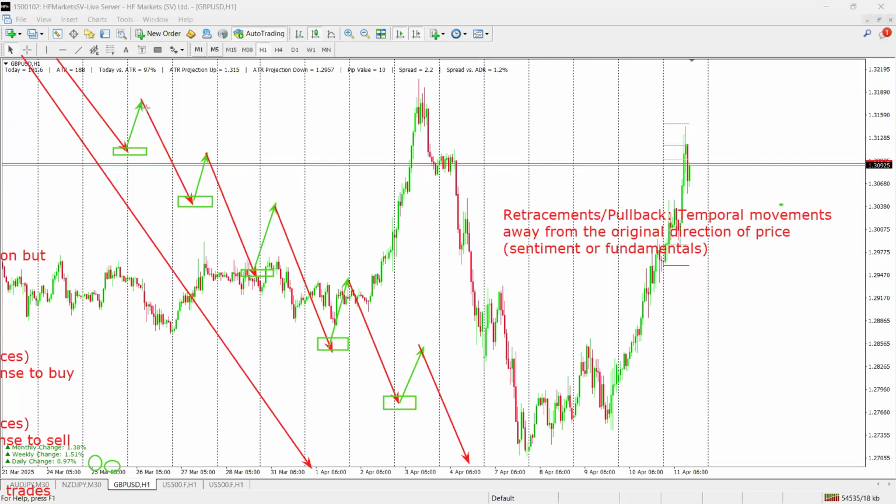We also found retracements here, temporal movement away from market direction, temporal movement away, also temporal movement away. All right. Now let me show you real life on the chart, this particular move here. Pay attention to this point here.